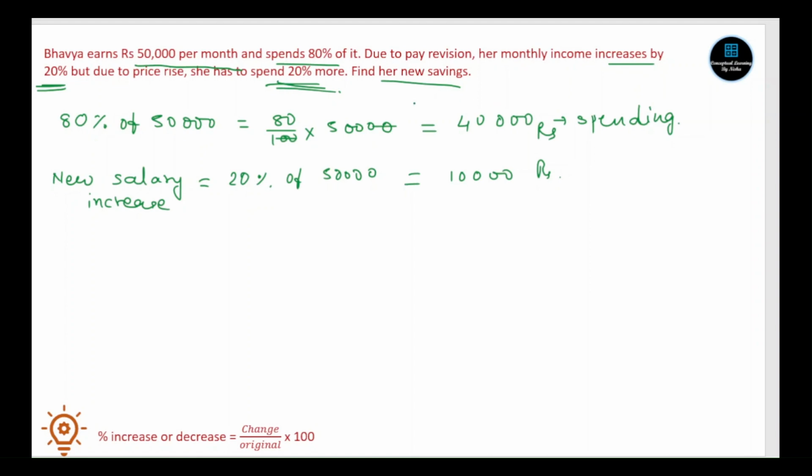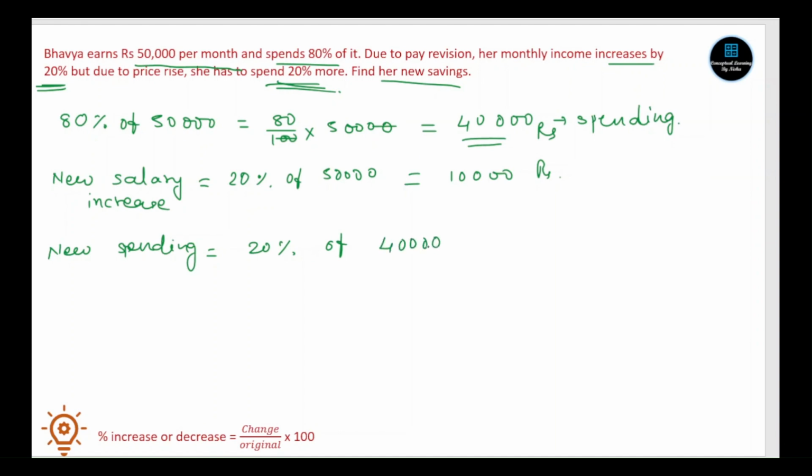Now let's find, she spent 20% more. So new spending, new spending equals 20% of how much? 20% of this 40,000, whatever she was spending.